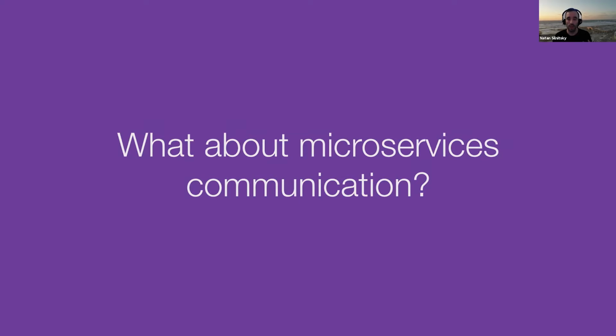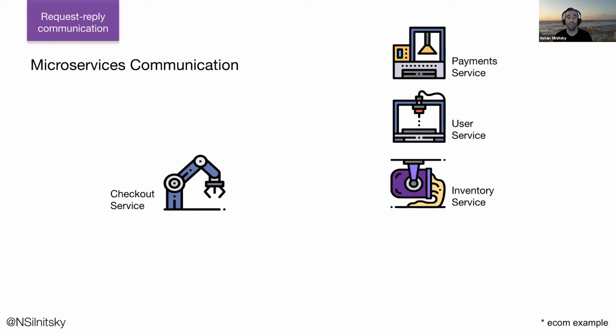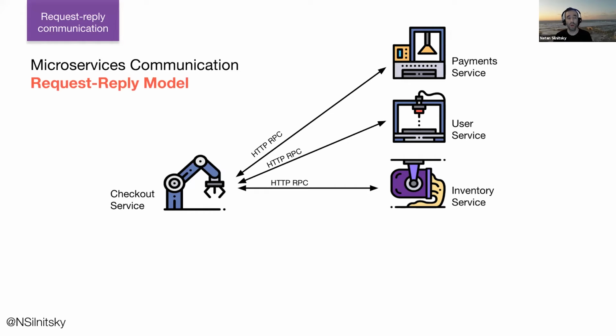Now, it's looking nicely, but what about communications happening between these microservices? So we have a classic e-commerce flow with a checkout service, and it needs to communicate with the payment service, user service, and inventory service in order to complete a checkout. So with a request reply model, you will have these HTTP or RPC calls coming from the checkout service as a client to the payment service or user service as a server.